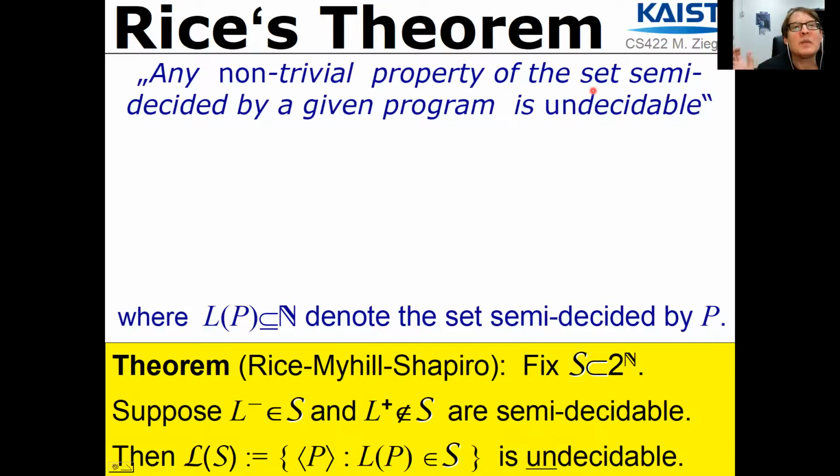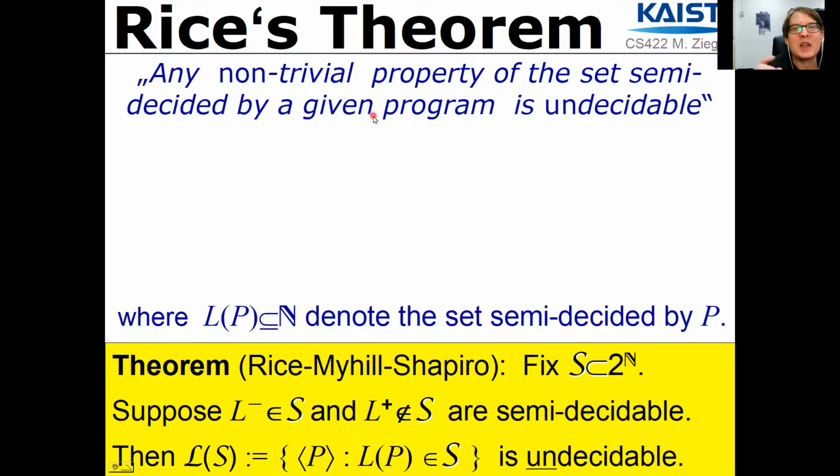Although the two programs are equivalent semantically, this is a syntactic property. It's not invariant under modifying the program without changing its semantics. It's a property of the source code, a property of a program, not a property of the set semi-decided by the program.